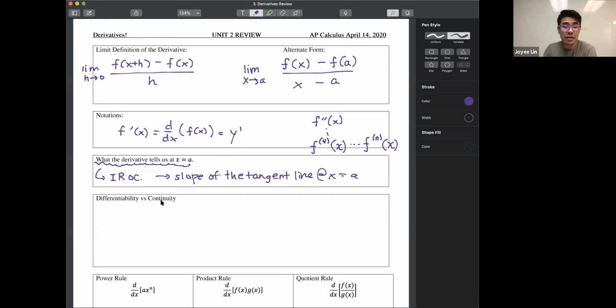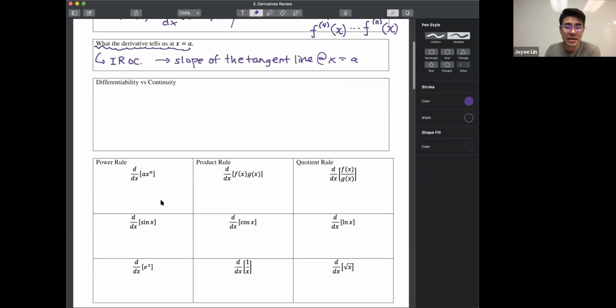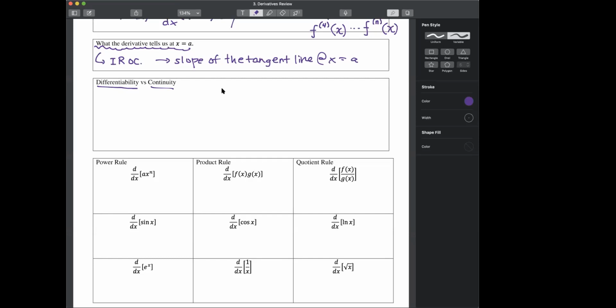And then now we need to figure out the difference between differentiability and continuity. Can somebody use their own words to help me figure out the difference between these two? Isn't differentiability when the slope of the tangent line is the same going from the left and going from the right?